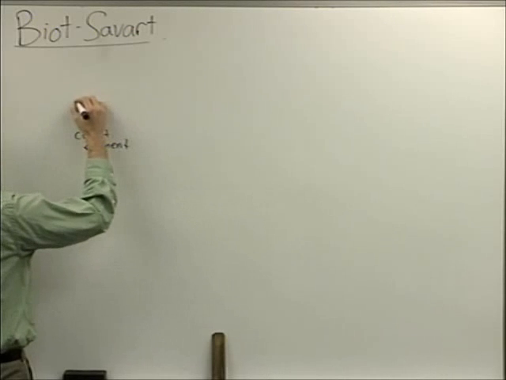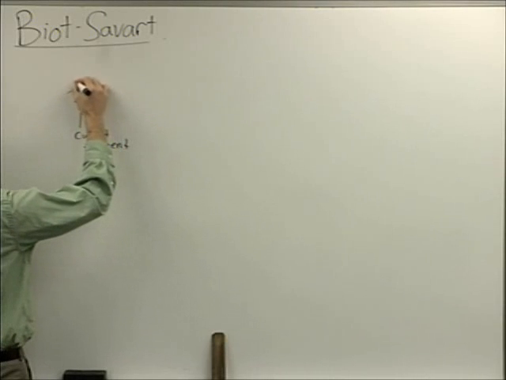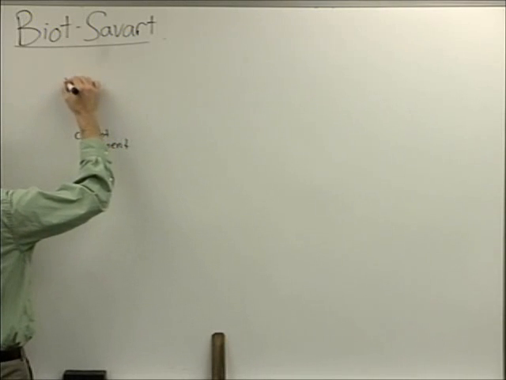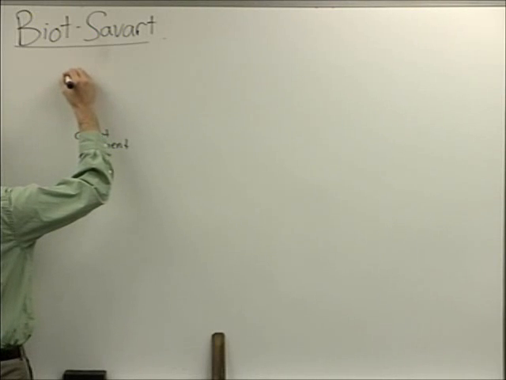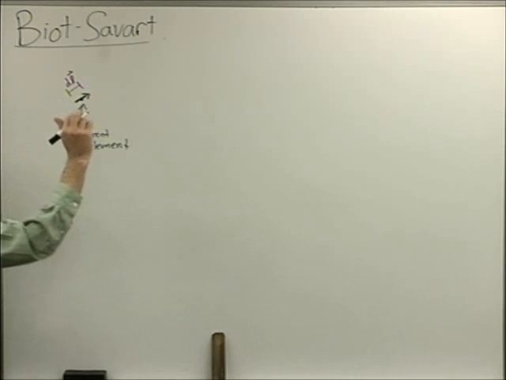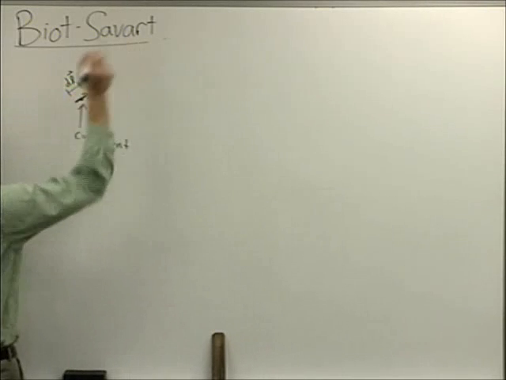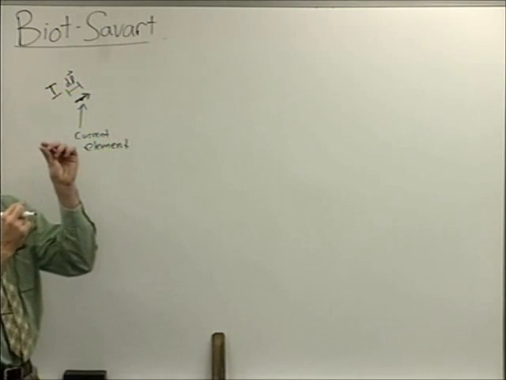So that means there's a little vector. It is length dl vector. That means dl is like an incremental length, vanishingly small, and it points in a specific direction. And the current amplitude on that is I. So you think of it as like a little piece of wire in space.